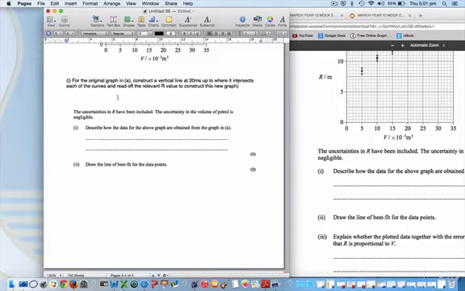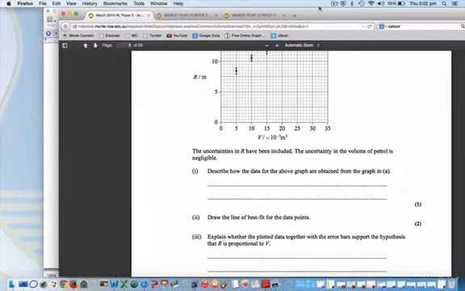Okay. Draw a line of best fit for the data points.